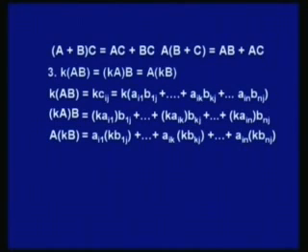Then the next property says that identity matrix multiplied by A will give me the matrix A itself, and whether A is multiplied by identity matrix or identity matrix is multiplied by A, the result is the matrix A itself. But this product has to be possible.